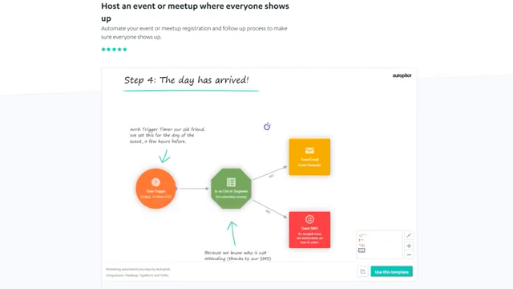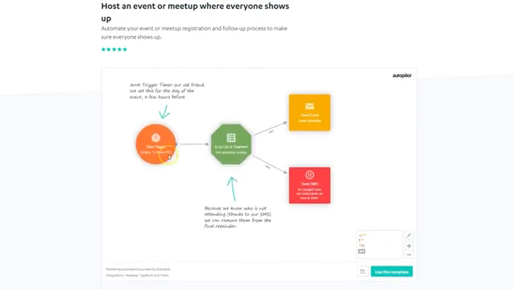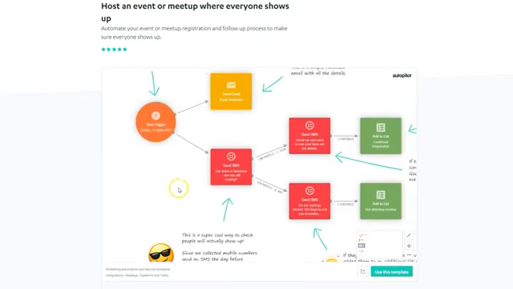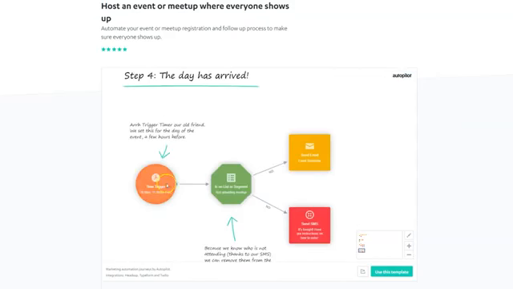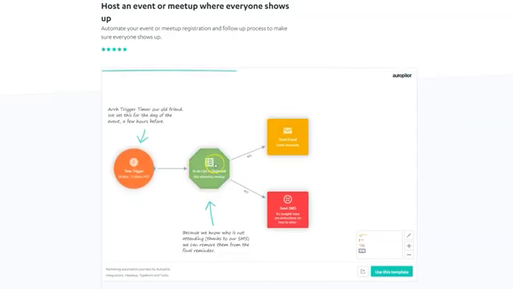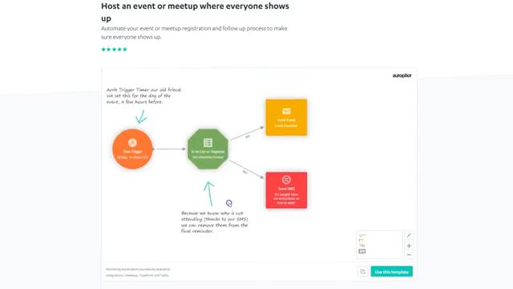And then on the actual day of the event, you've got a time trigger here, and that's a very important part of this for events, time trigger. And based on that, if they are on a list or segment, in this case, for example, not attending the meetup, pay close attention here. This list is the not attending meetup list.